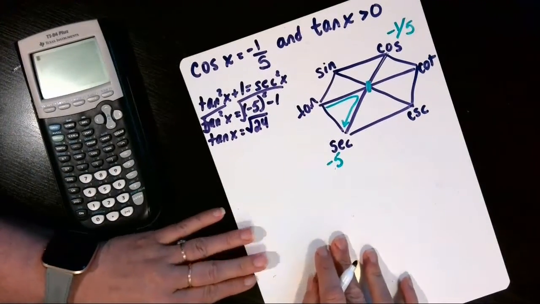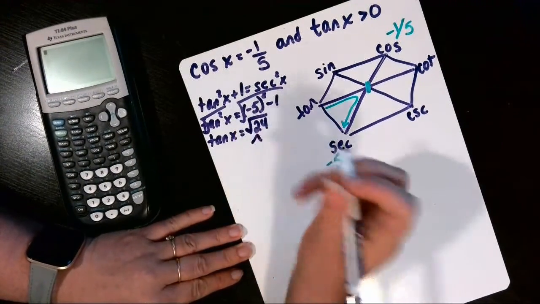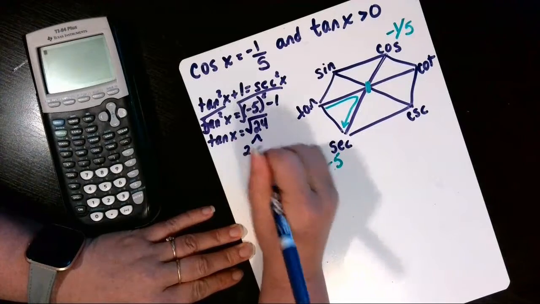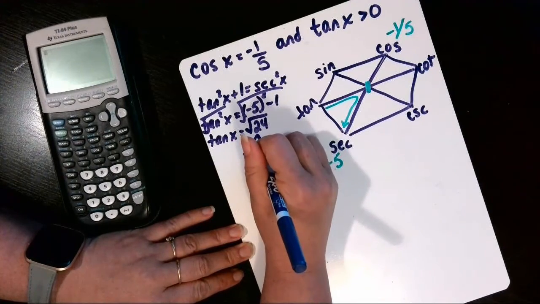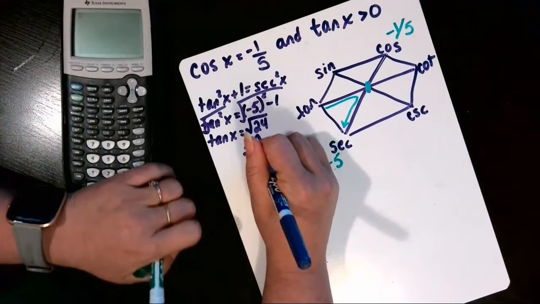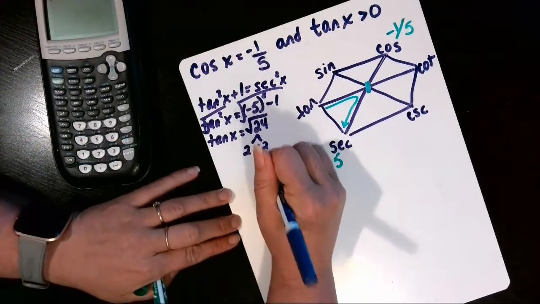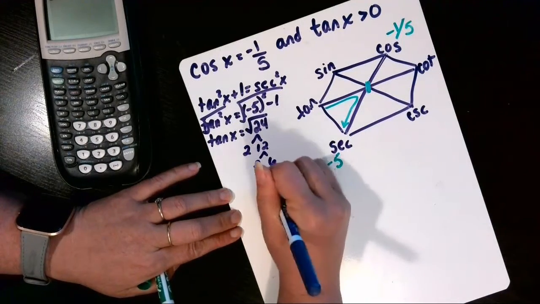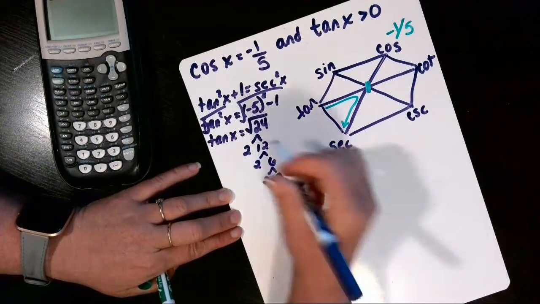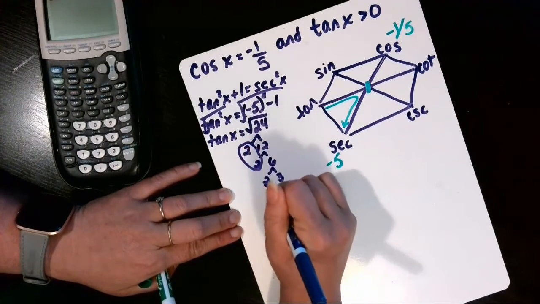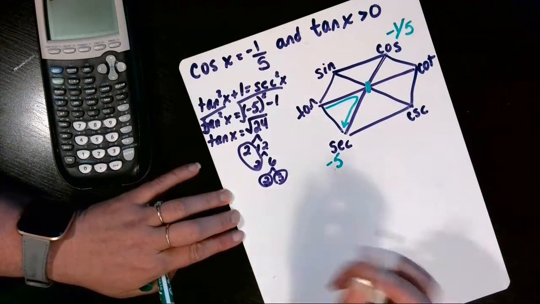And we'll simplify that square root then by breaking it down into its prime factors. So 24 is 2 times 12, and then 12 is 2 times 6. 6 is 2 times 3. So we've got a pair of 2's and then a 2 and a 3.